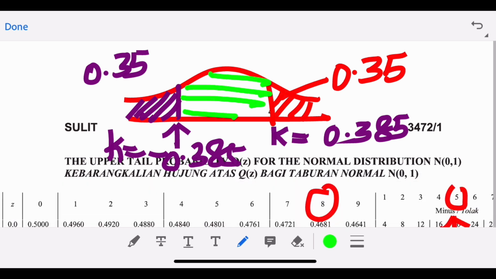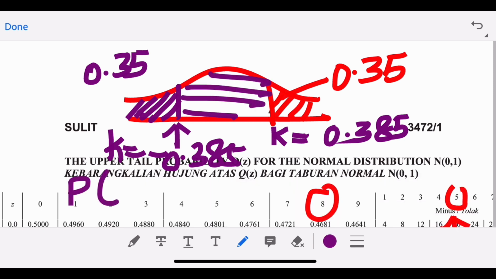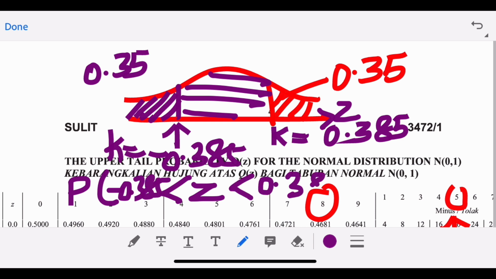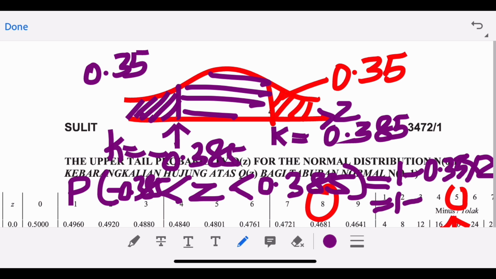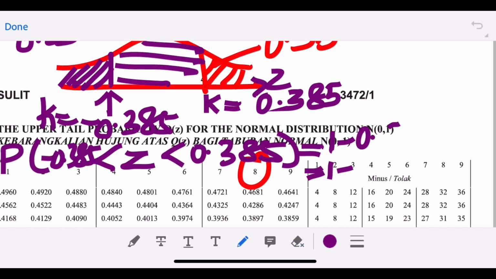If I'm asking you to find the area in green color, meaning the probability from negative 0.385 to positive 0.385, the area is just 1 minus 0.35 minus 0.35, which is equal to 1 minus 0.35 times 2, or you can write it as 1 minus 0.7. So the answer will be 0.3.